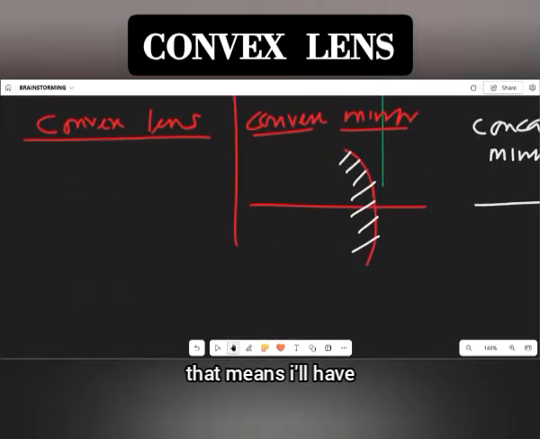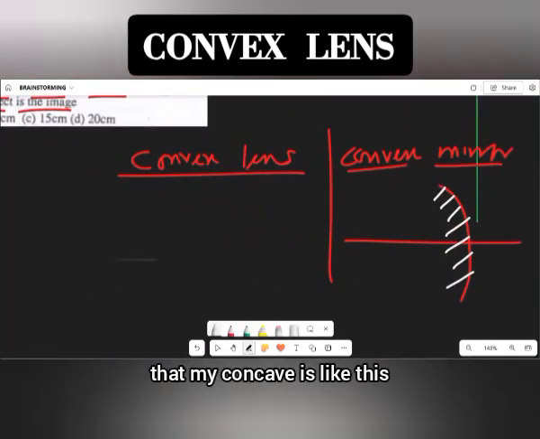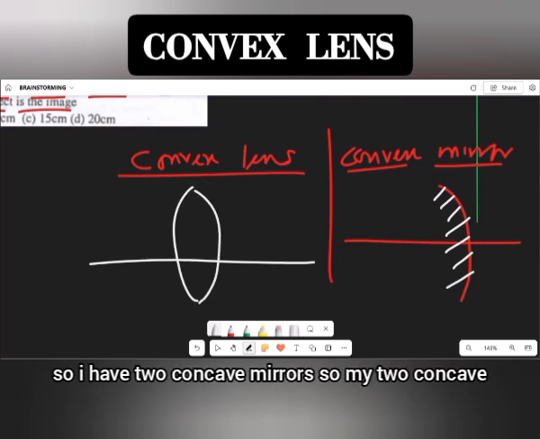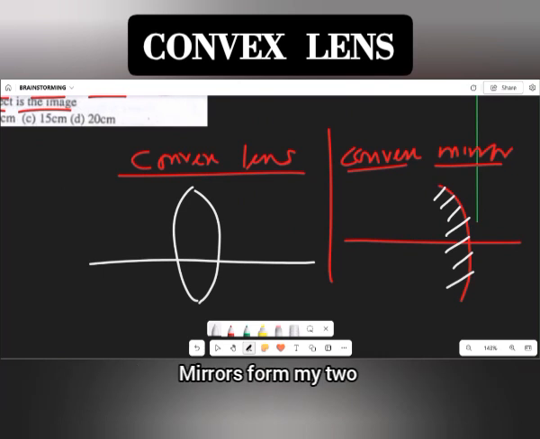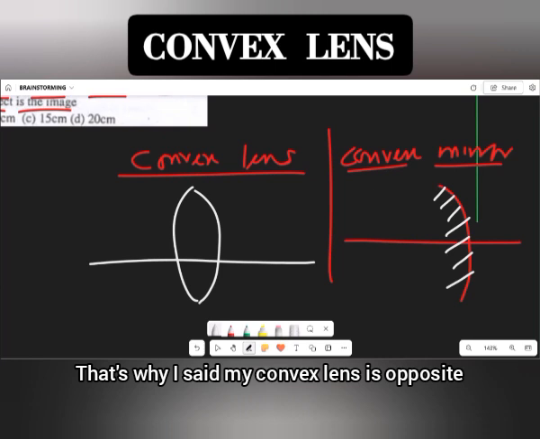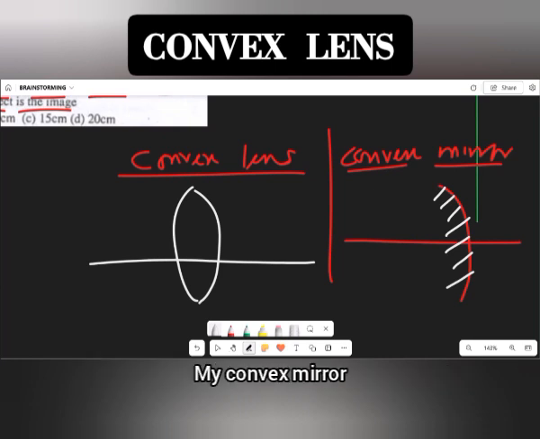So I have two concave mirrors, and my two concave mirrors form my convex lens. That's why I said my convex lens is opposite to my convex mirror. Get it? So that is how we solve it.